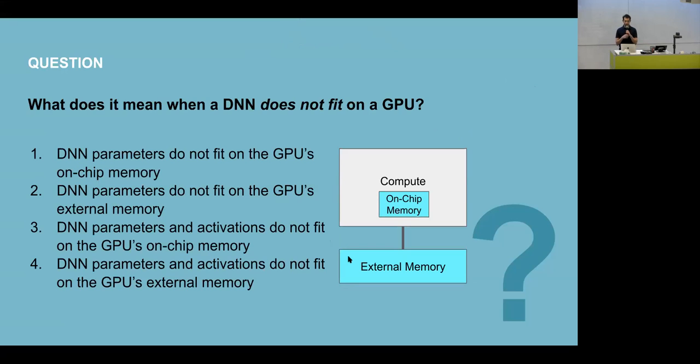Does it mean the parameters don't fit in on-chip memory? Does it mean the parameters don't fit off-chip? Or is it both the parameters and activations that don't fit on-chip? Think about it for a minute, and I think I launched a poll. Give me your answer. There's a single right answer, by the way, for this one. I know the poll allows multiple.